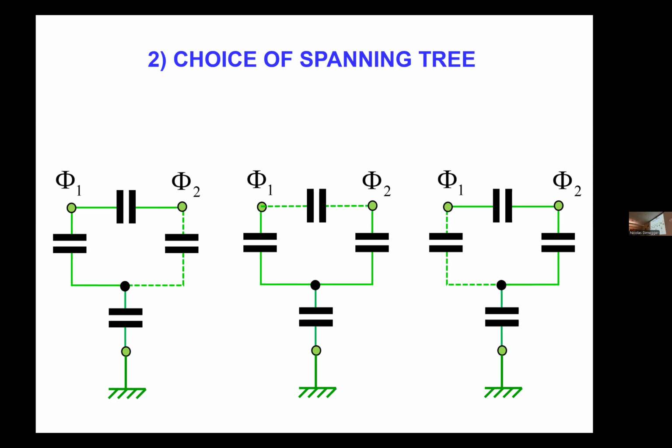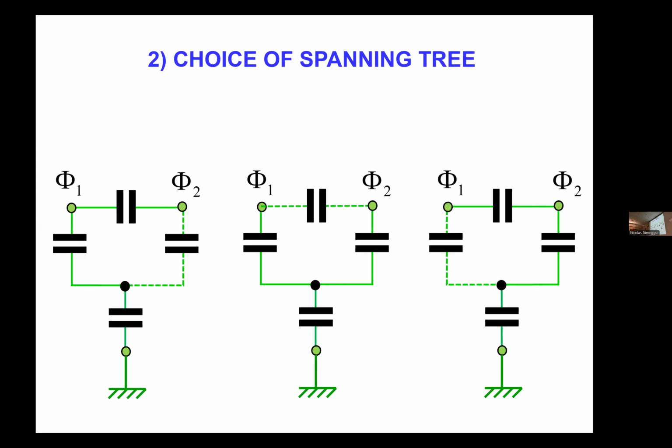So you see that in these three cases, the fluxes will not be the same because here phi1 is the integral of the electric field along this path, and here phi1 doesn't change, but phi2 is different because the phi2 defined here is the phi1 plus the contribution of this branch.